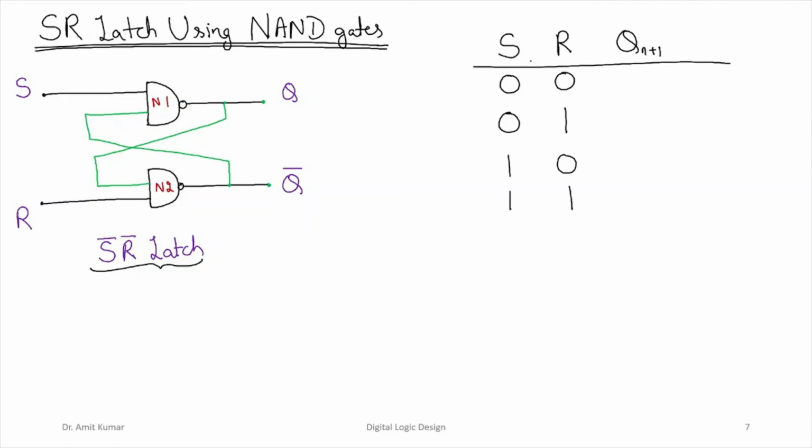When both inputs are 0, we call this the forbidden or indeterminate state.